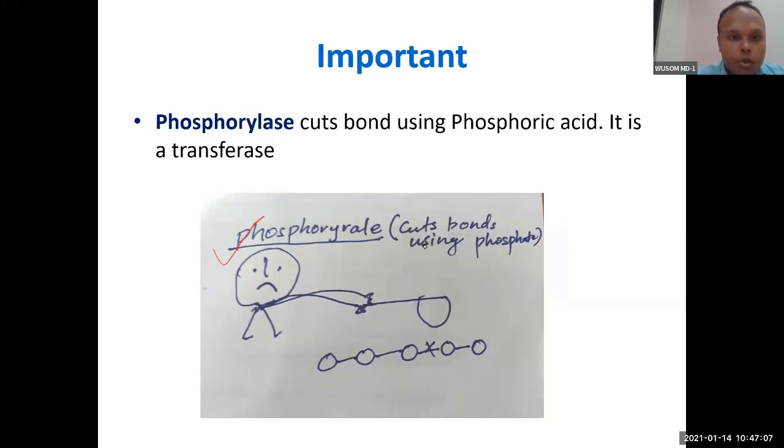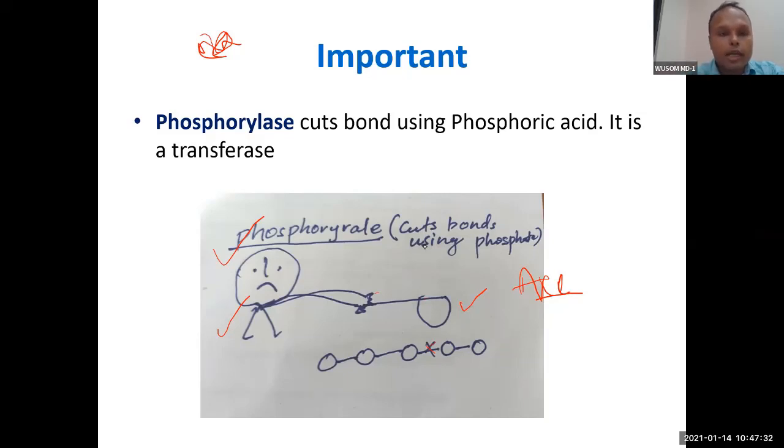Phosphorylase enzyme. You have glycogen in your liver, and this enzyme breaks down glycogen by transferring a phosphate group. You can see this enzyme is cutting this bond by using phosphate group, like an X. That is why it is called phosphorylase.